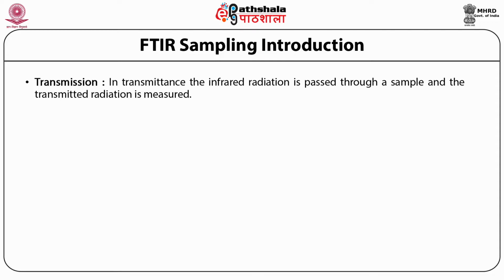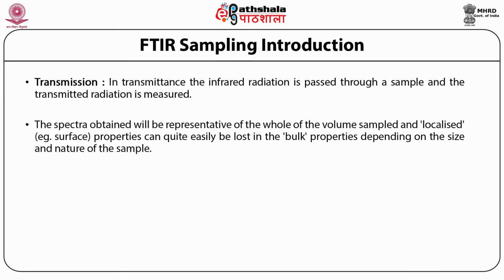In transmission, the infrared radiation is passed through a sample and the transmitted radiation is measured. The spectra obtained will be representative of the whole of the volume sampled and not localized.